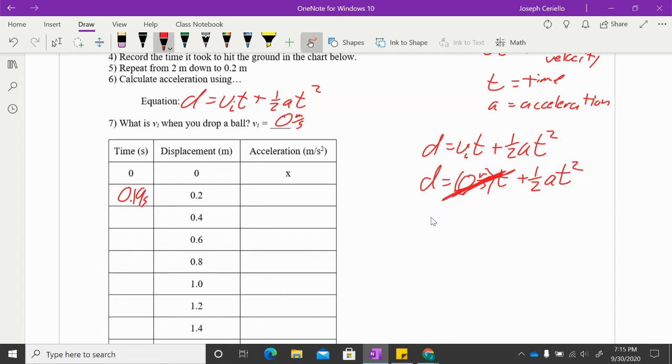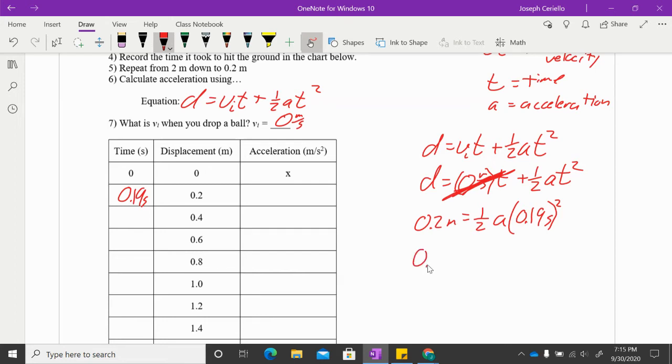So let's see, d, we'll plug that in, 0.2 meters, equals 1/2 a. A is our unknown, we're solving for a. And then t is going to be 0.19 seconds, and only that number is squared. So to get a alone, first thing we'll do is multiply both sides by 2 to get rid of this 1/2.